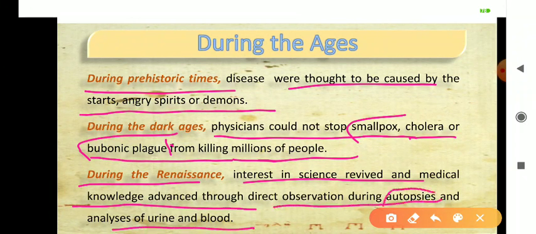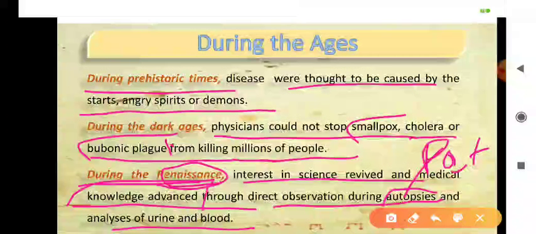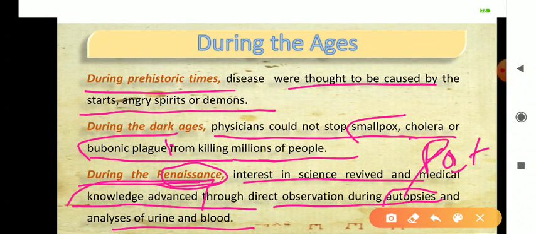Autopsy means post-mortem of a dead body. During this period they analyzed the whole body, and they analyzed the urine and the blood of the human being.